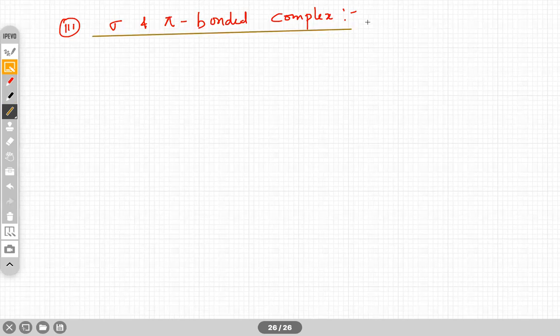Write down, these are the complexes in which the bond between the metal and carbonyl group is present.